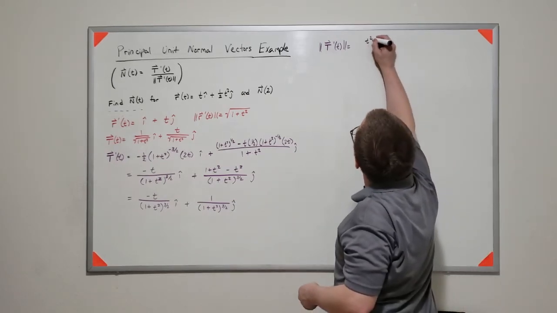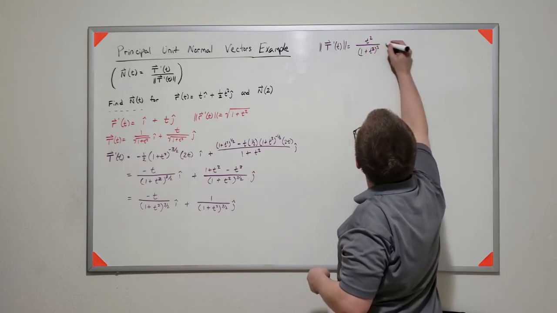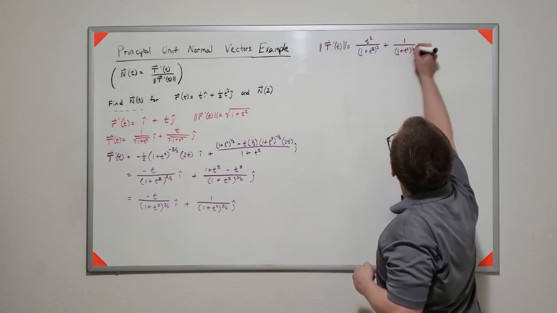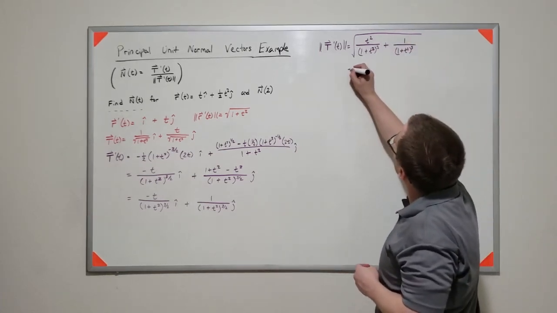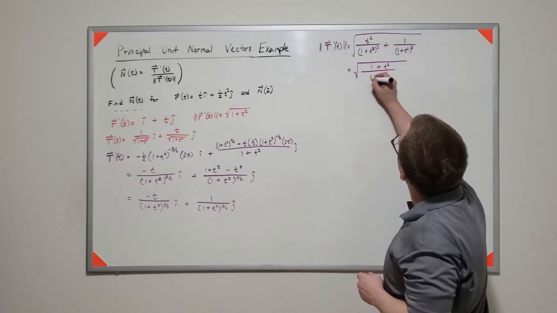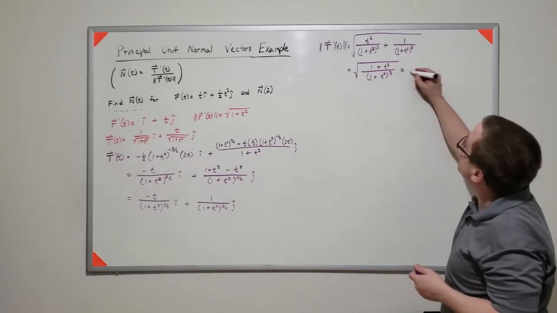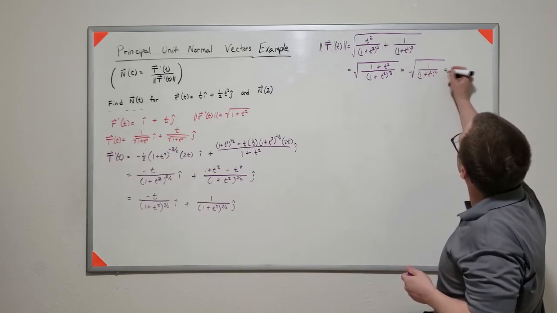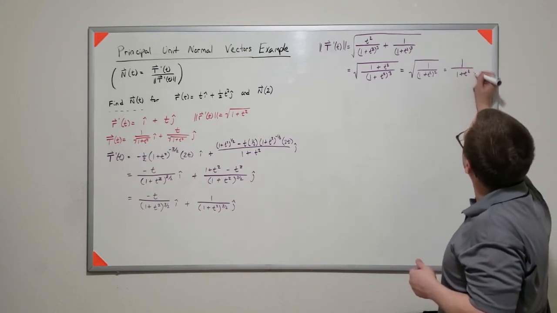So it's t squared over (1 plus t squared) cubed plus 1 over (1 plus t squared) cubed, square root, which is 1 plus t squared over (1 plus t squared) cubed, which we can cancel to be 1 over (1 plus t squared) squared, which we can reduce to just 1 over 1 plus t squared. Well, that's kind of nice.